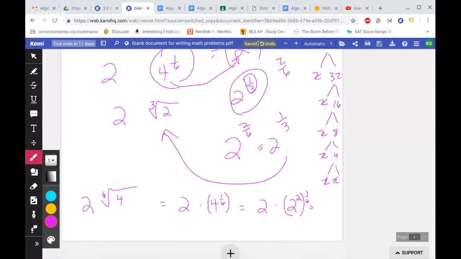Run out of room. 2 times 2/6 equals 2 times 2 to the 1/3, which equals 2.